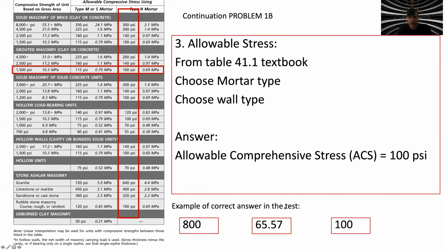That particular one has this particular stress of 65.57, but by law it is allowed to have 100. What that means, our wall is okay. The stress that is supporting that particular wall is 65.57, but according with the table, that wall is able to support 100 PSI. We are safe. And those are the 3 answers that we need to write.